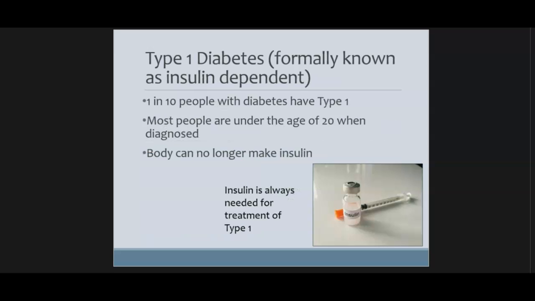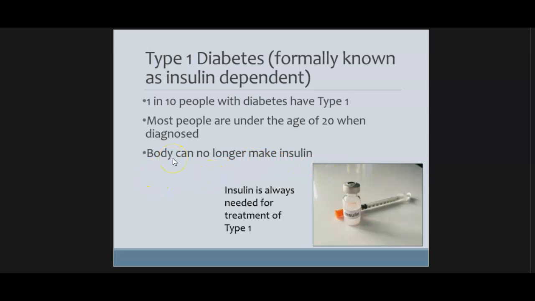So type 1 diabetes, which was formerly known as insulin dependent, is what 1 in 10 people with diabetes have. So it's the less common type, but in some ways, the more severe type. Most people are under the age of 20 when they're first diagnosed. They used to call it juvenile diabetes, because it would show up when you're younger.